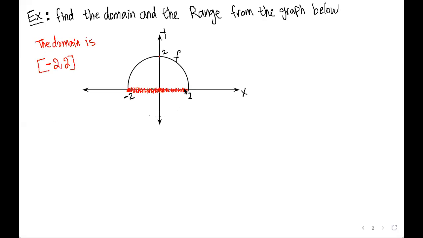So look, all the values here for the y are used, starting from 0, because at -2 it has a value of 0, and at 2 it is 0. And for another value, for example the x value 0, it has a value of 2. So all these values on the y-axis are used. This means that if they are used, this is my range.